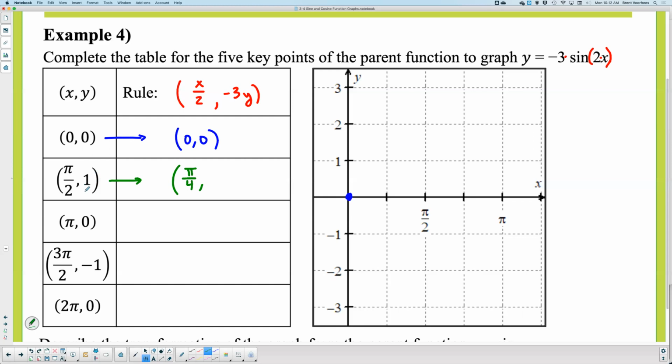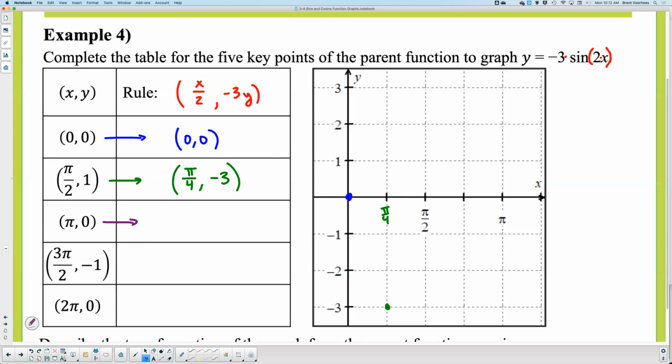Now I take the 1, and what do I do with my 1? Multiply by -3. What do we get? Okay, so if this is pi over 2, this is pi over 4 here. I'll go ahead and put pi over 4, and we're going to place this point at, whoops, forgot to close parentheses, -3. Put a point there. Next point up.